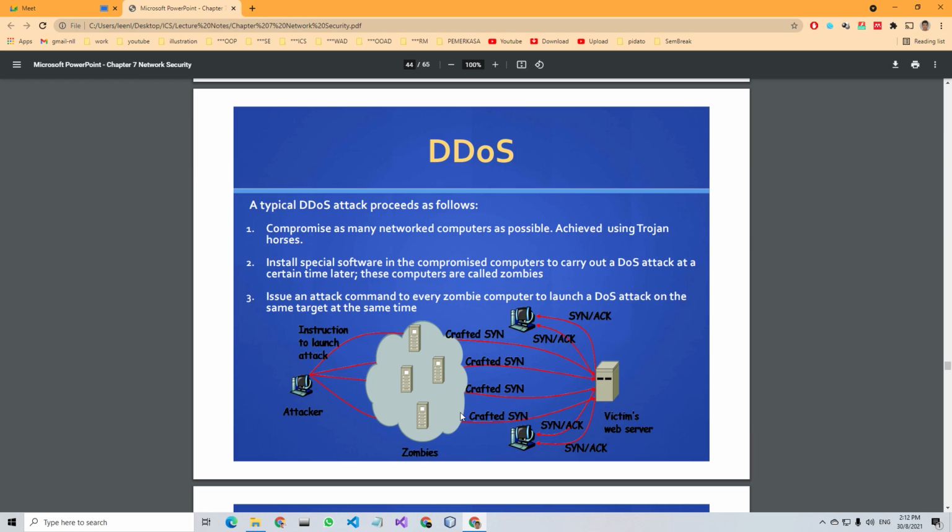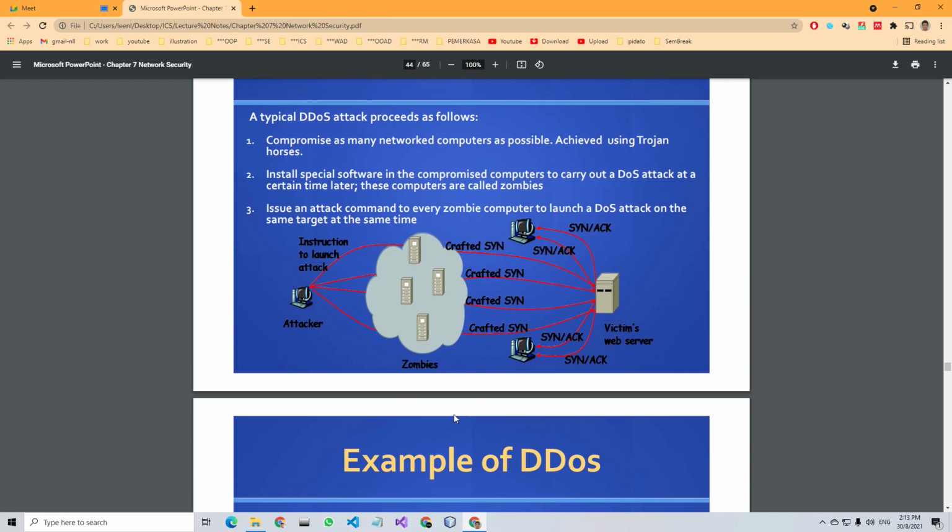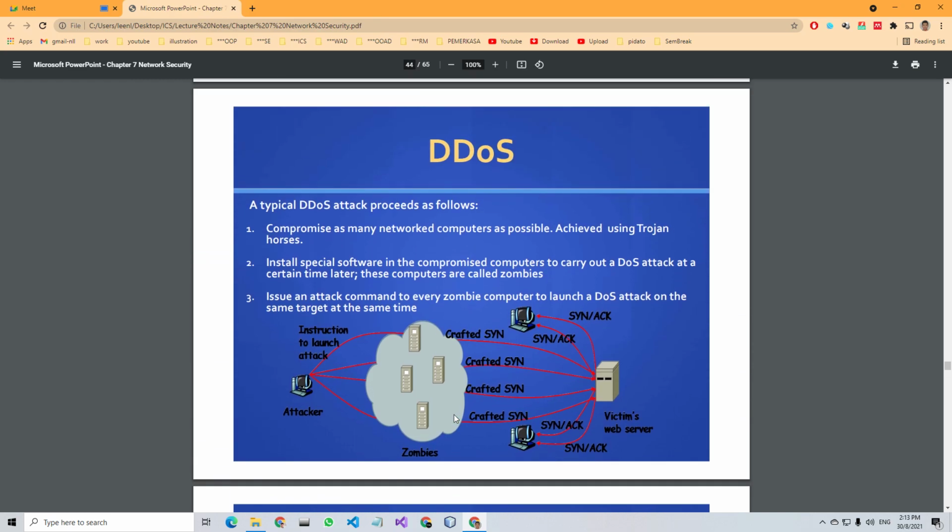This group of computers performing the attack without their knowledge, we call them zombies, right? I hope you still remember what it is. Then issue an attack command to every zombie computer, launching the denial of service attack on the same target at the same time. The main purpose is to make the server or network inoperable.